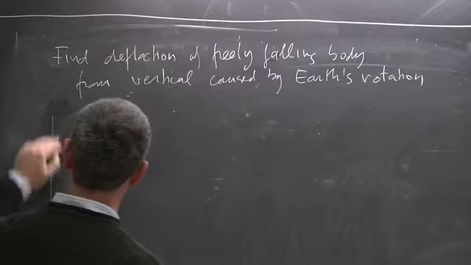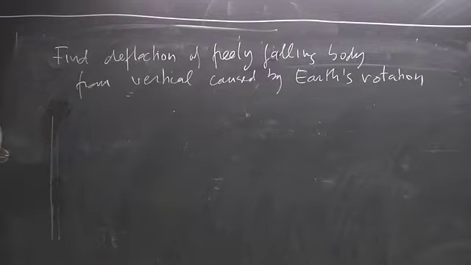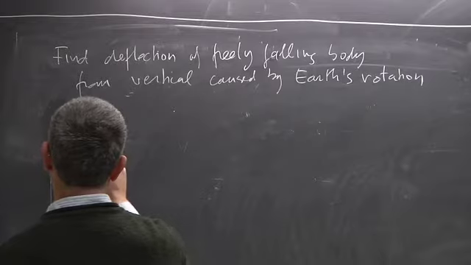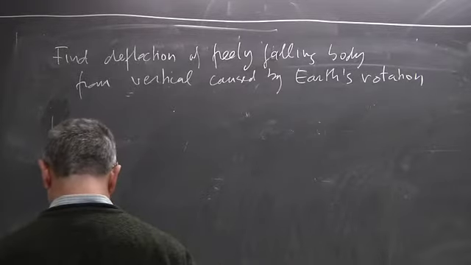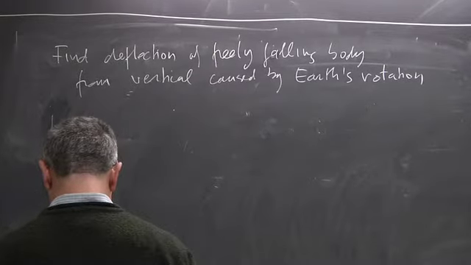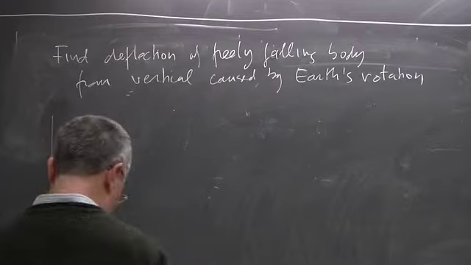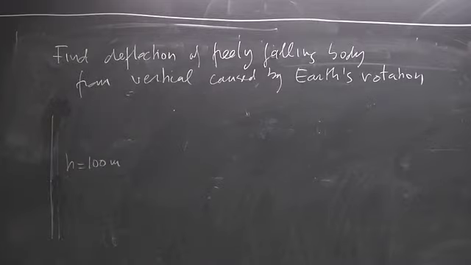It's going to depend on how high this is. So for a tower of 100 meters, a skyscraper, estimate this deviation, but also more importantly, the direction of this deviation. Is that west or east of your position?